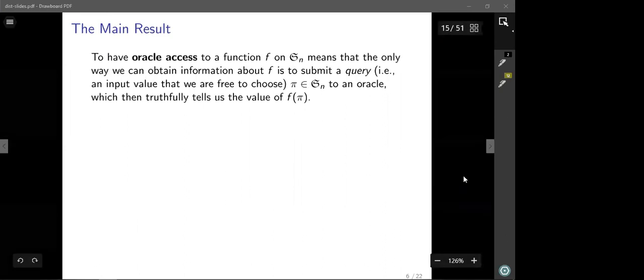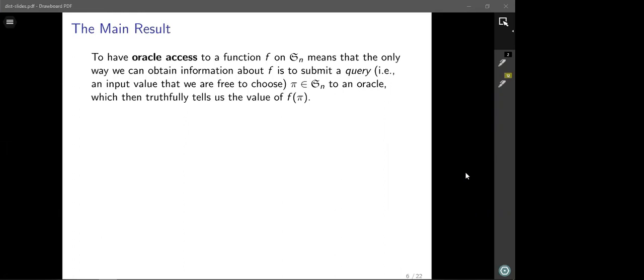It's not NP hard. So our main result can be stated, I think, most cleanly in terms of thinking about queries. So what do I mean by oracle access to a function? Suppose there's some function on the symmetric group. What does it mean to know this function? Well, one way is you list n factorial values, but n factorial is kind of a large number.